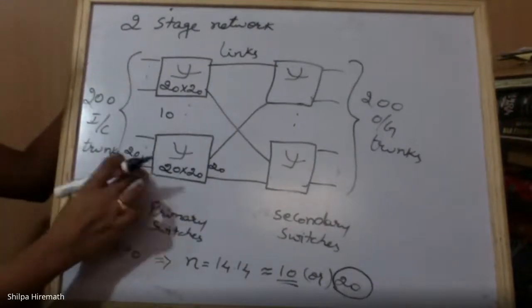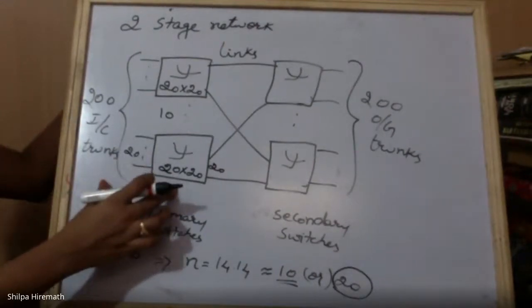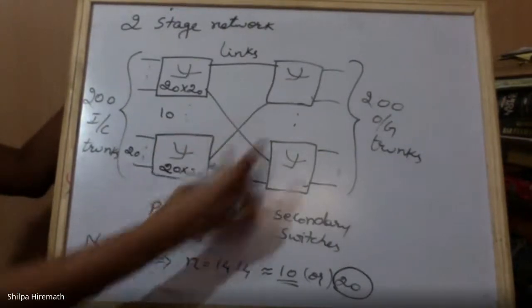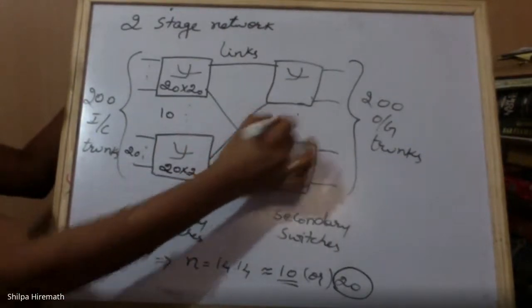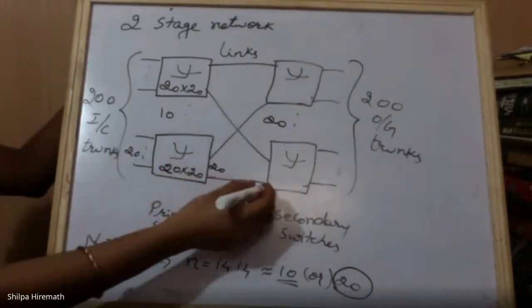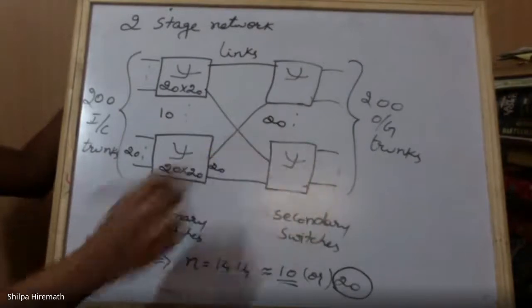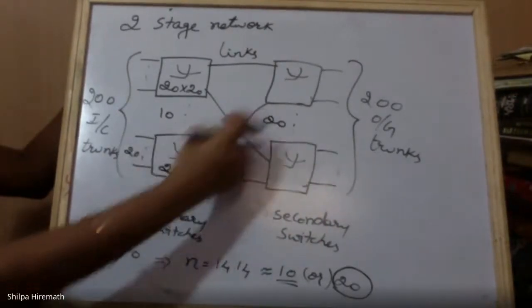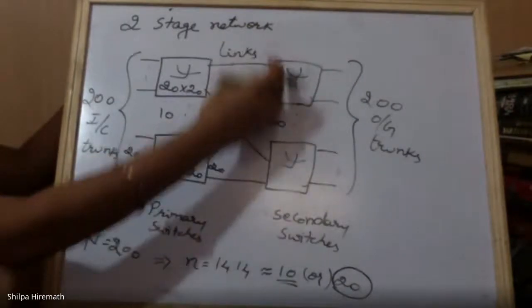Now I know what the primary switch is. There are 20 outlets, which means that there are 20 secondary switches, because each outlet of a primary will be connected to a single secondary switch. So 20 outlets of a primary switch will be connected to 20 secondary switches.